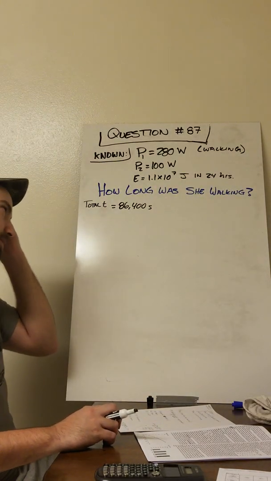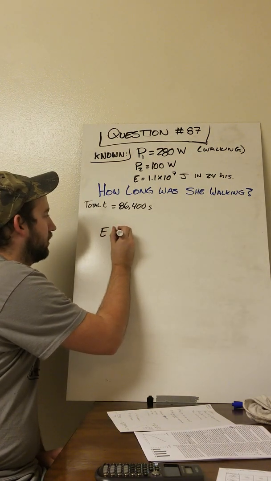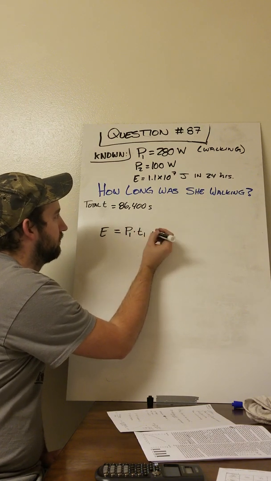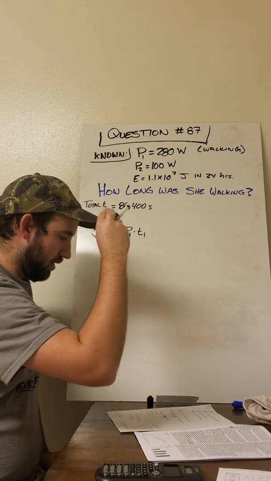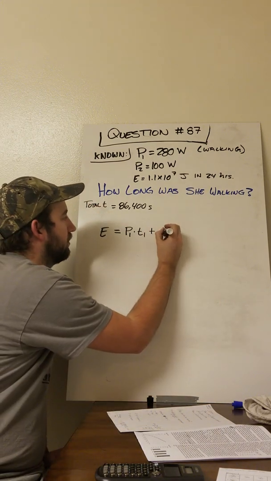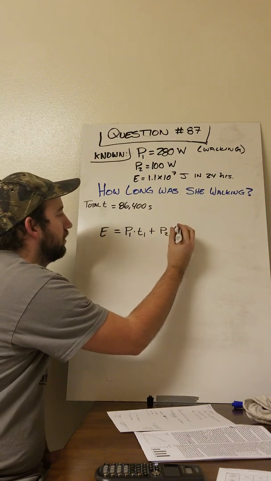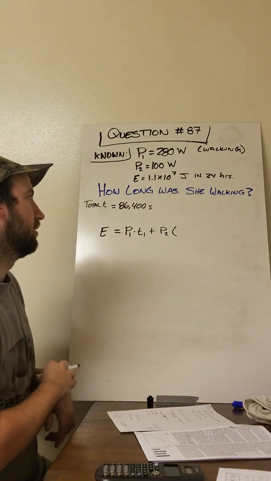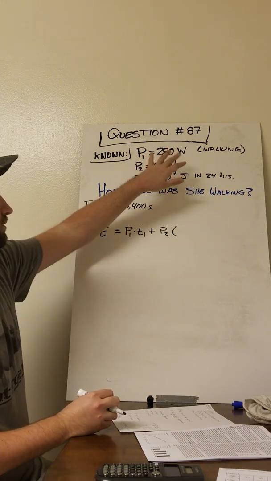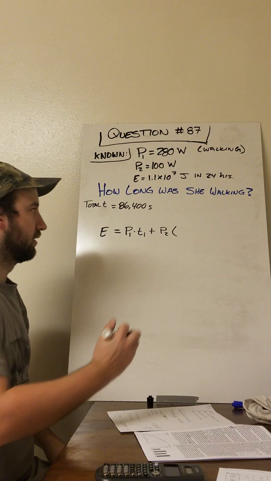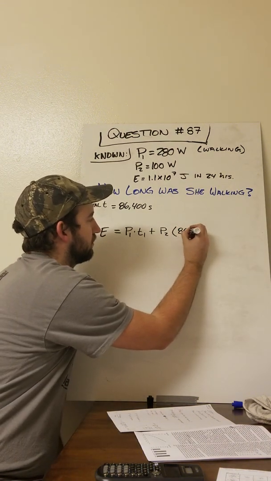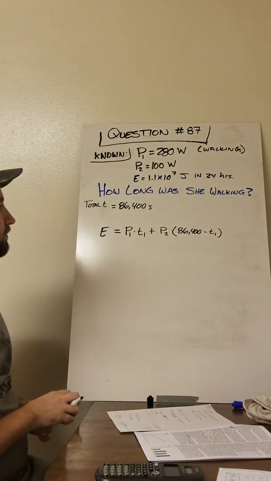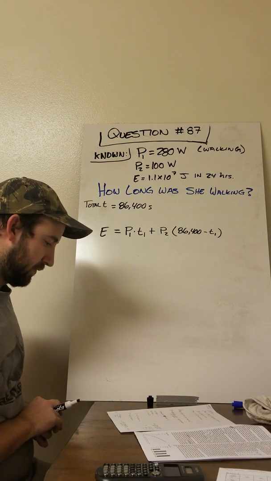So we know that the energy equals P1 times T1, and then we add P2, and this is where T2 is what I just talked about, of how it's going to be the total amount of time minus the time that she's sitting. So it's going to be 86,400 minus T1.